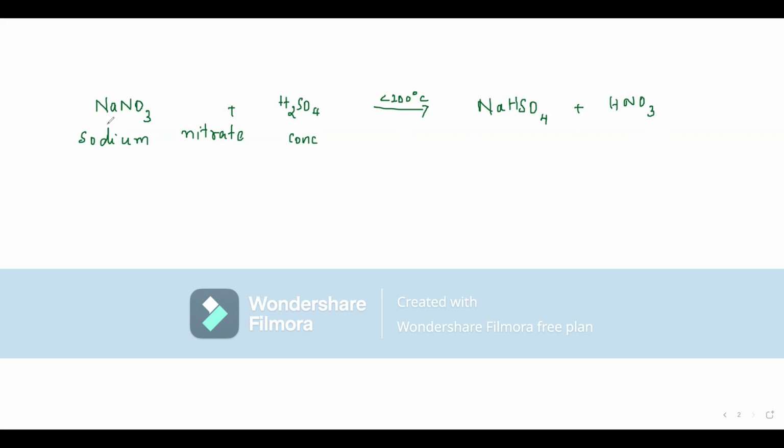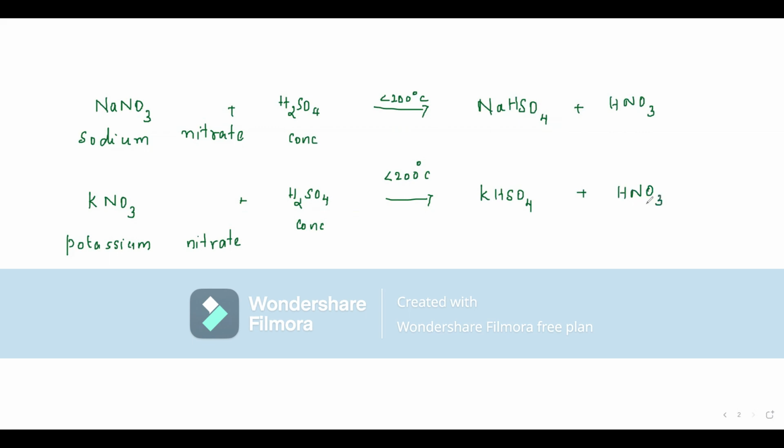Instead of NaNO3, you can also use KNO3, which is potassium nitrate. Sodium nitrate or potassium nitrate can be treated with concentrated sulfuric acid at around 200 degrees Celsius. The products are KHSO4 or NaHSO4 as the case may be, plus HNO3, nitric acid.